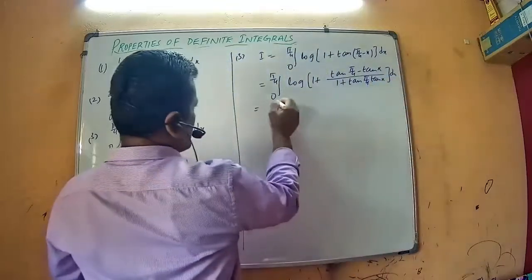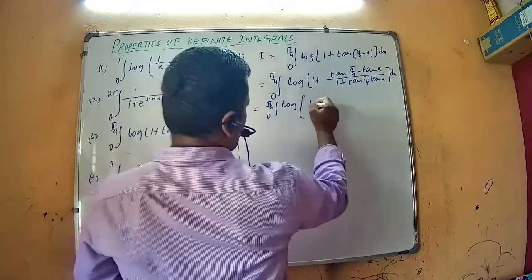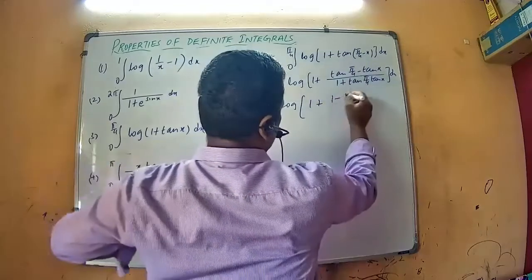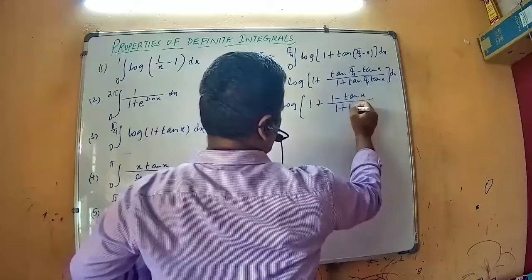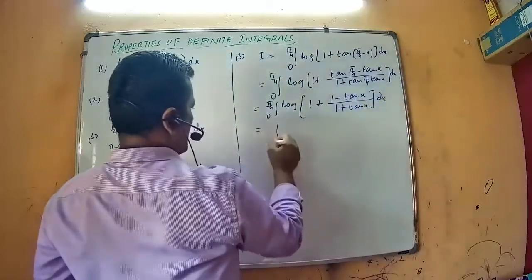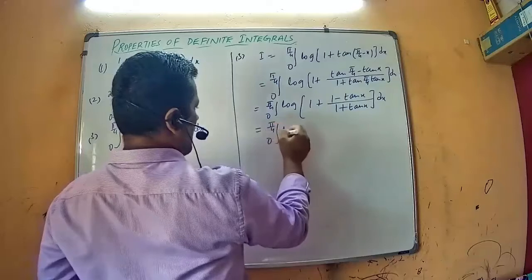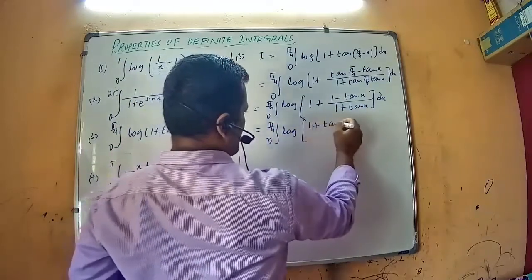Now this is the integral from 0 to pi by 4 of log of, 1 plus (1 minus tan x), where tan pi by 4 is 1, and the denominator is 1 plus 1 into tan x, that is 1 plus tan x. Now this is the integral from 0 to pi by 4 of log of, obviously the next step is taking the LCM here.